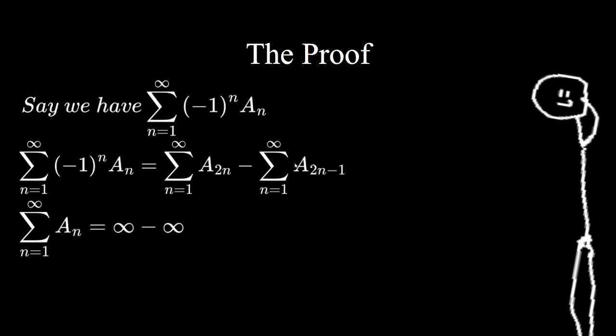Remember, for an alternating series, the test is that if a sub n decreases monotonically, meaning the derivative is never positive, then it works.